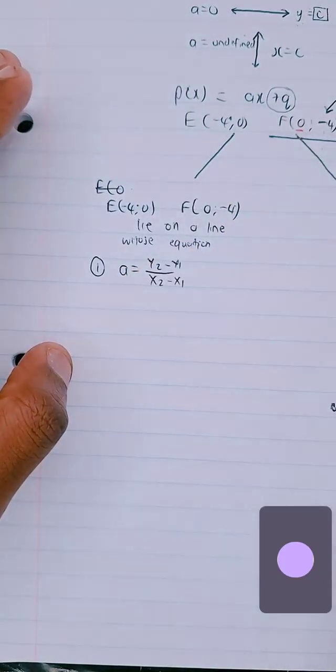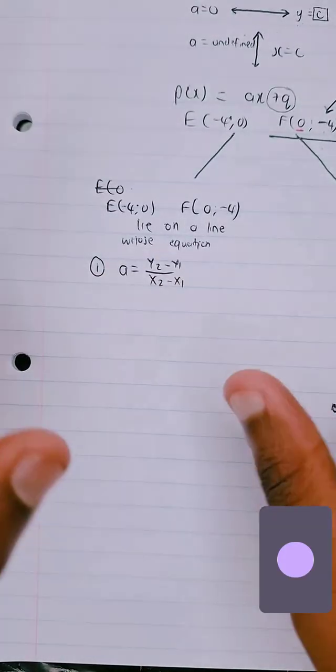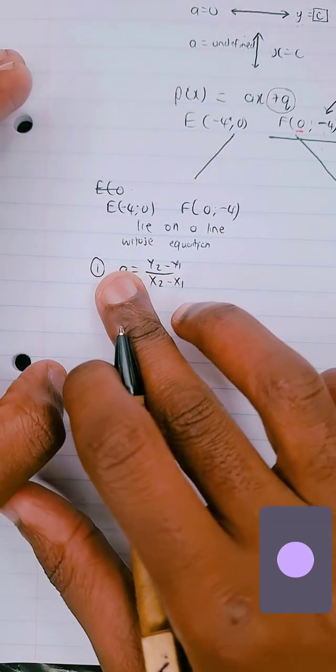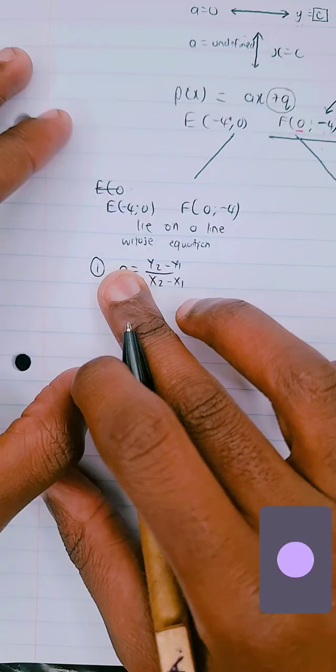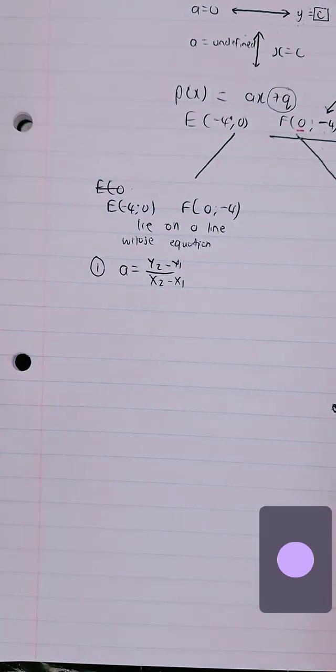Have you ever seen this formula before? They usually use m to denote gradient. Yes, we learned about it last year. So that gradient formula was used to find the equation of a straight line.